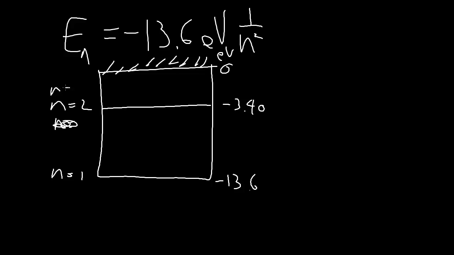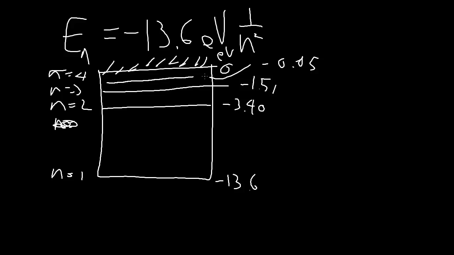Then you go n equals 3, which is 1/9, negative 1.51, then negative 0.85 for n equals 4, and then n equals 5 somewhere up here, and then it just gets denser and denser and denser. So you have an infinite number of energy levels that get denser and denser as you get closer to 0. And then we can thus kind of understand the Balmer series.